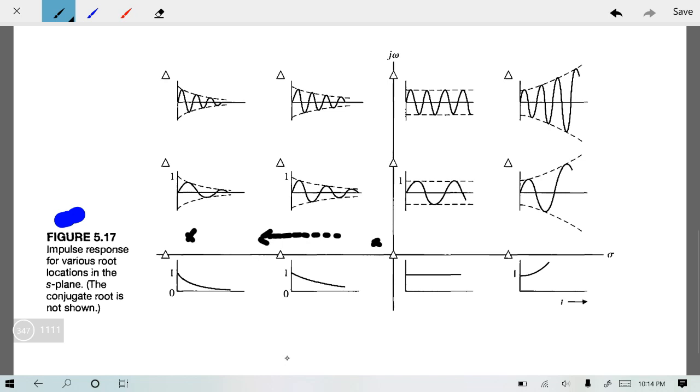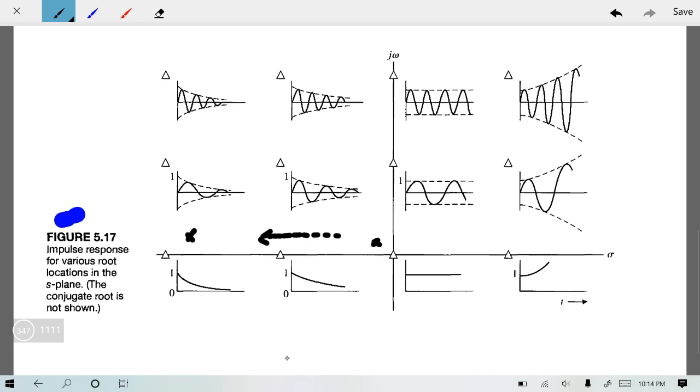It has a larger settling time here and a smaller settling time there. Similarly, it has a larger overshoot here and a smaller overshoot there. So if you are moving the pole from right to left, you are basically reducing the overshoot. Reducing the overshoot eventually reduces the settling time. Here, overshoots are greater, and if there is a larger overshoot, the system will take longer to settle, so it will have a greater settling time.